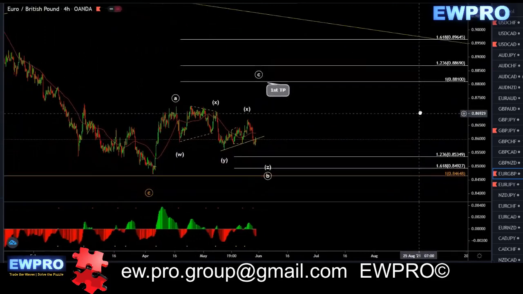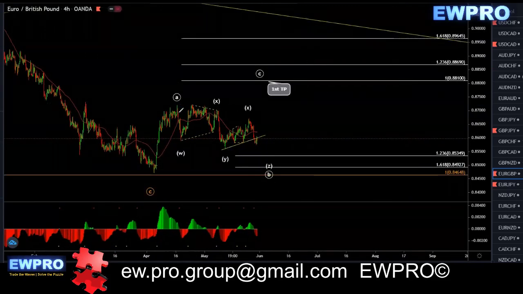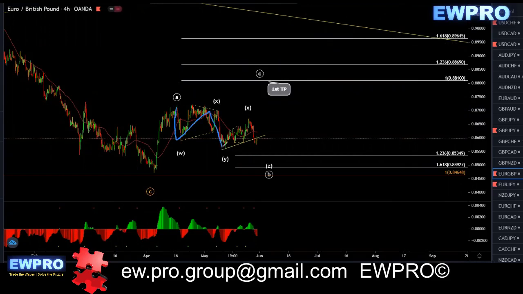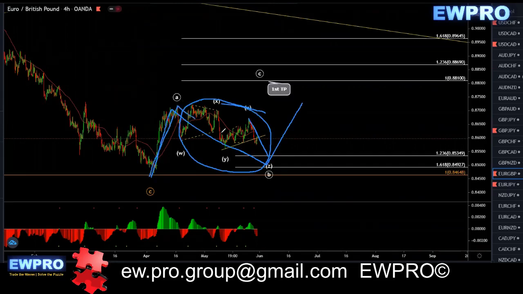Like I said last week, I was looking at this as an A, B, C in here, but then I said, we can't rule it out, because this was looking so choppy, as a W, X, Y, X, Z and get that Z down. And that's exactly what it looks like it's going to do. It's going to give that complex correction in here. So, before we get that A, B, C, because we're getting such a large correction in here, I can only look for the A, B, C.